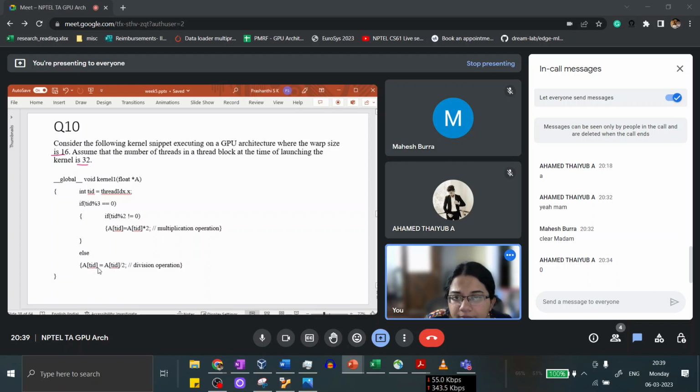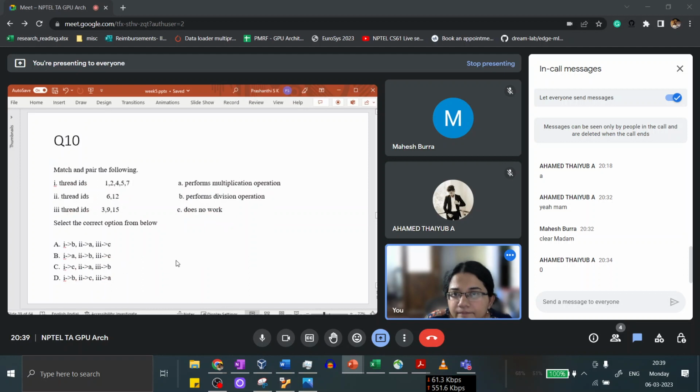If not, we do a division operation, right? Match and pair the following. Thread IDs 1, 2, 4, 5, 7 perform multiplication operation, perform division operation, do no work. So your thread IDs are 6, 12, 3, 9, 15.